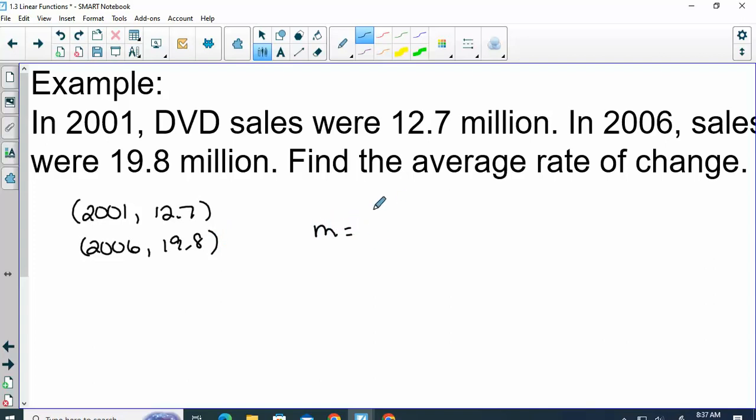So slope. Y sub 2 minus y sub 1 over x sub 2 minus x sub 1. 19.8 minus 12.7, over 2006 minus 2001.